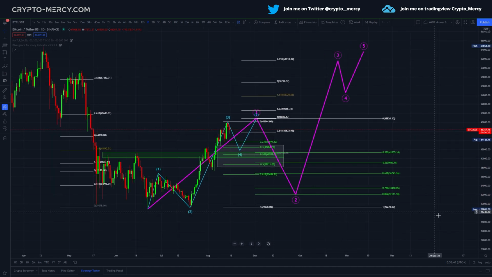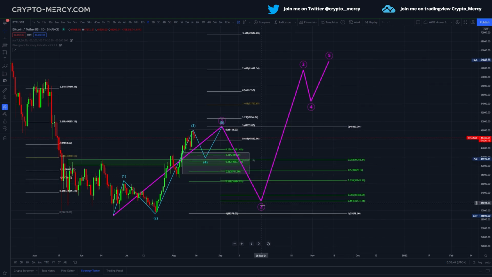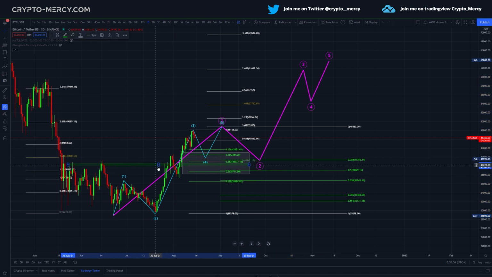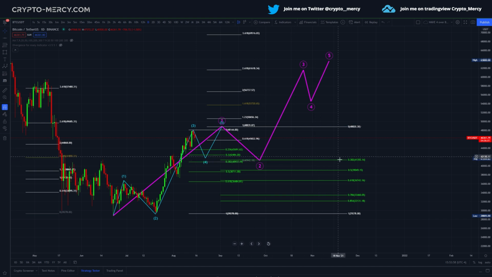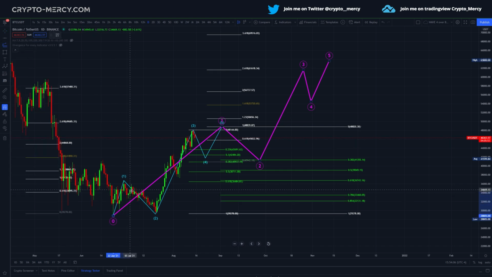If we just want to look further inside that scenario and verify probable target for wave 3. Imagine that Bitcoin really wants to be bullish and will only retrace on that support right there and will not go lower. We want to try to figure out what probable wave 3 target we're gonna reach.